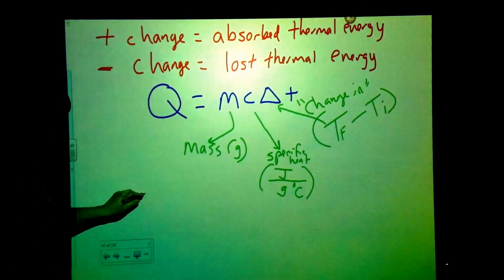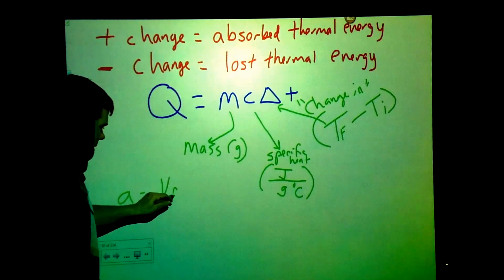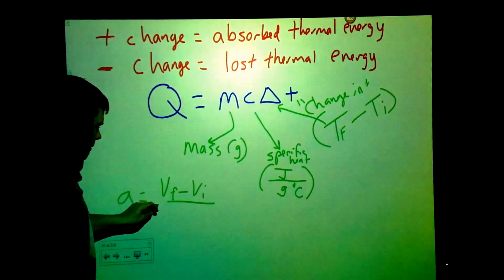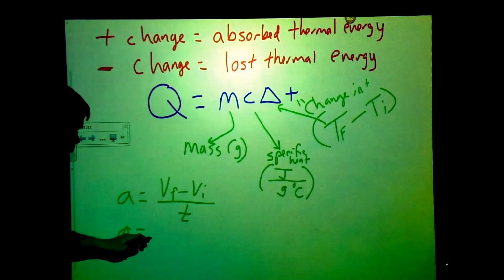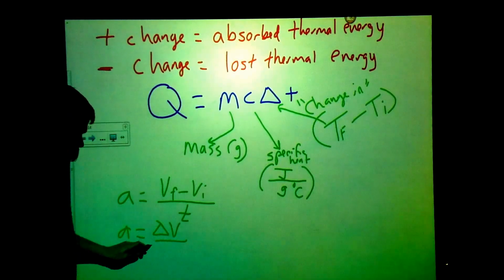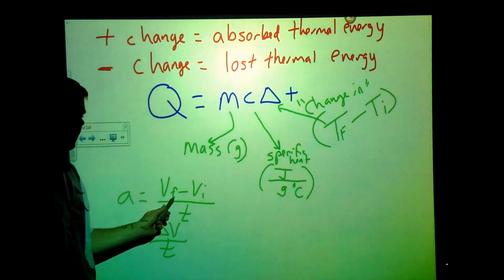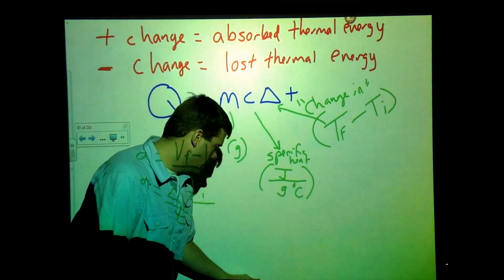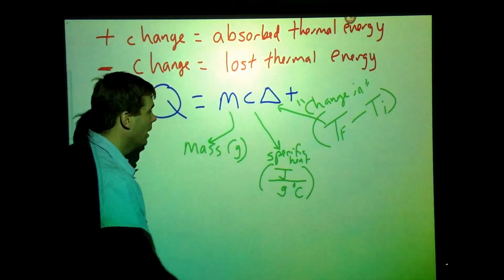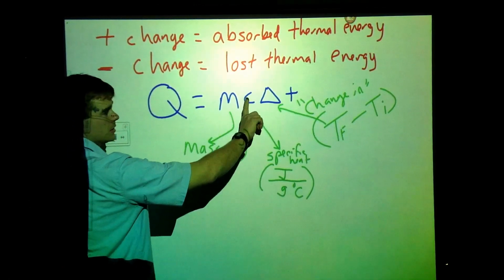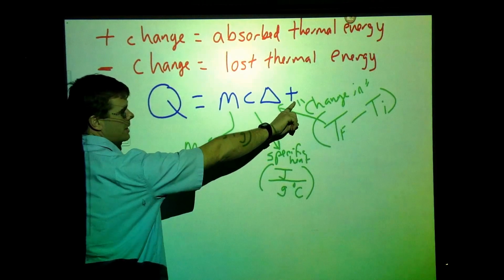Remember, acceleration was equal to your final velocity minus your initial velocity over time. Way back then, I could have taught that as delta V over t, final minus initial. Here, we have mass, specific heat, change in temperature.